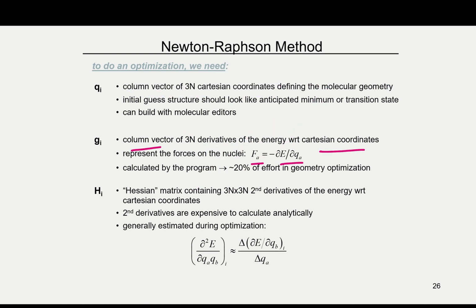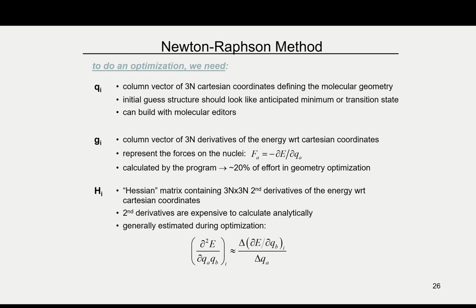It is calculated by the program and takes almost 20% of the effort in geometry optimization. Now we come towards the H_i, which is the Hessian.